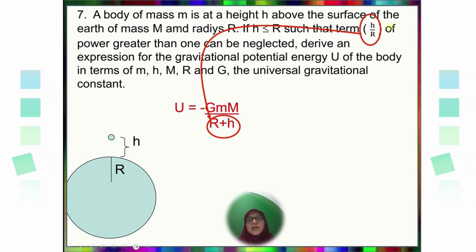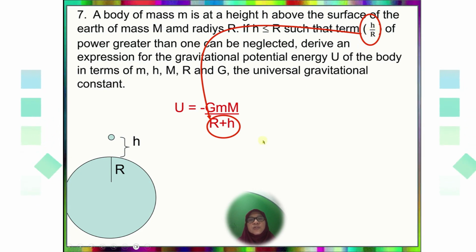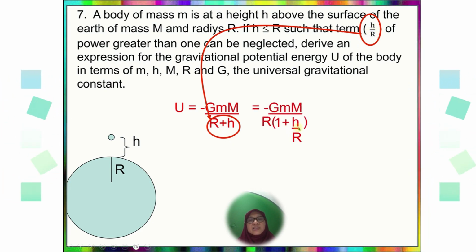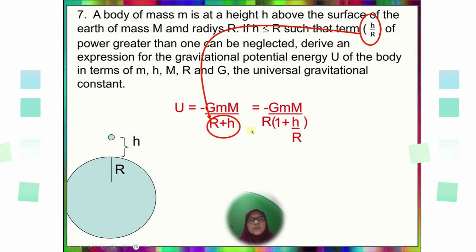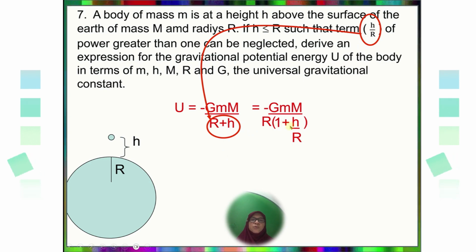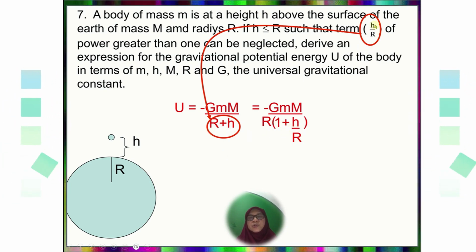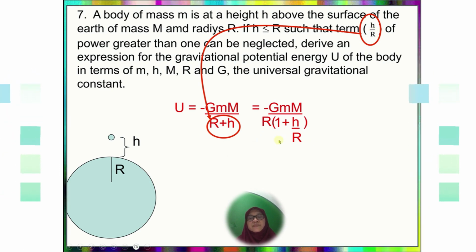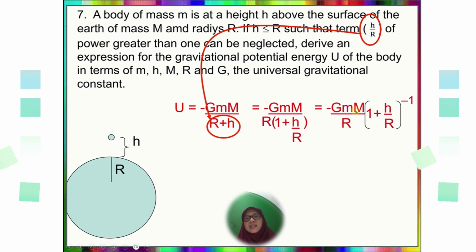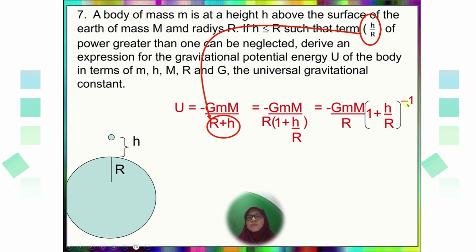Okay, so we are going to write this in terms of h over R. So we can convert this to 1 plus h over R. We factor out R, so in the bracket we put 1 plus h over R. So these two are actually the same, we just put it in terms of h over R. Now we bring this up, so we get negative GM over R, bracket 1 plus h over R, to the power of negative 1.